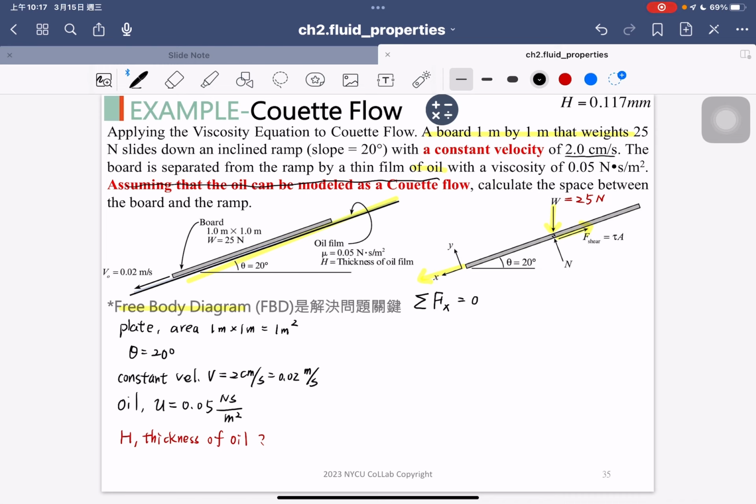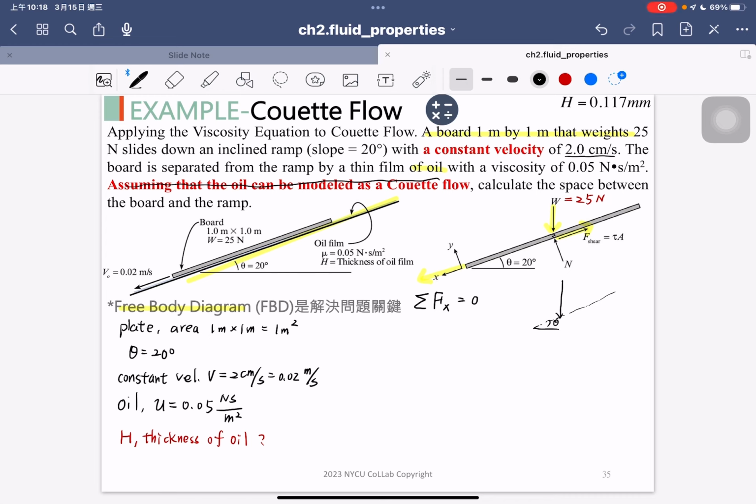So that means we should consider how many forces along the x direction. First, we have the weight. The weight is downward, right? But we have the incline table here, with the theta angle. So we want to project the weight onto the x direction.